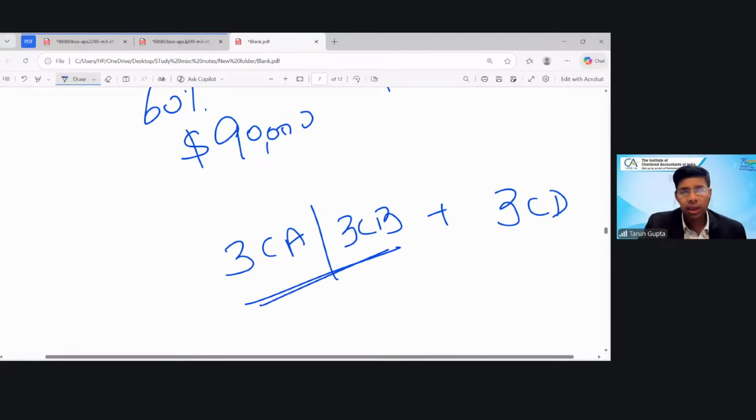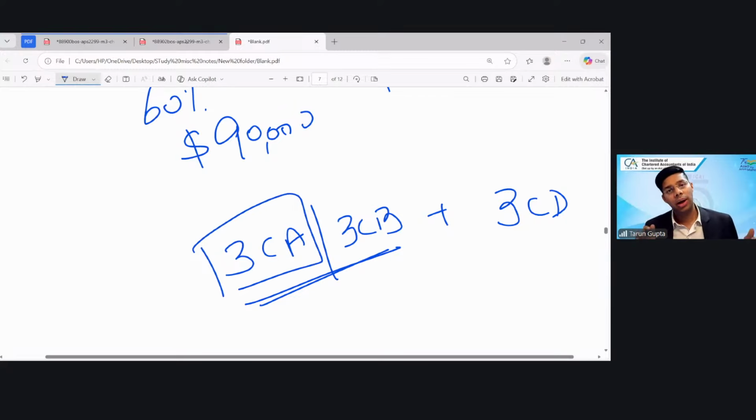So 3CA oblique 3CB means either 3CA applies or 3CB applies. 3CA applies when the books of account of the assessee are audited under any other law as well. If the assessee is a company or LLP, then the Companies Act and the LLP Act require the audit. In such a case, if you are doing a tax audit of a company or LLP, you will issue Form 3CA, because the books of account of the assessee are audited under another act as well.